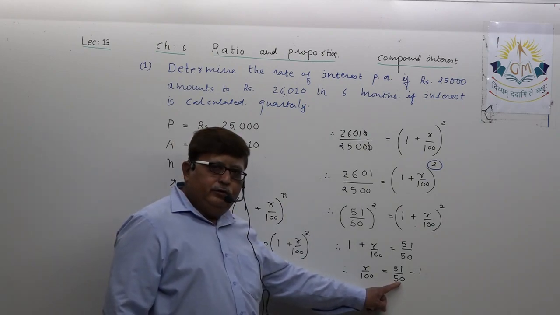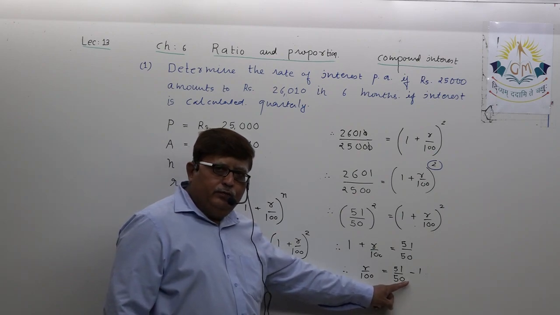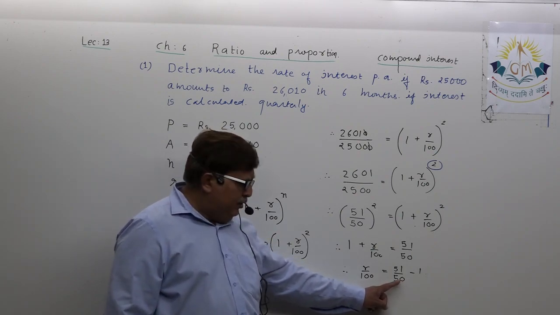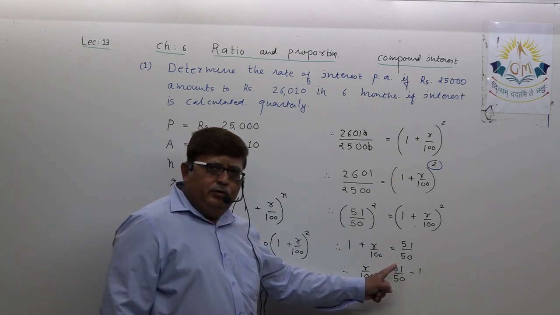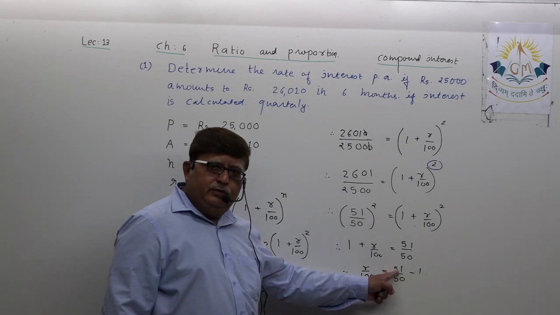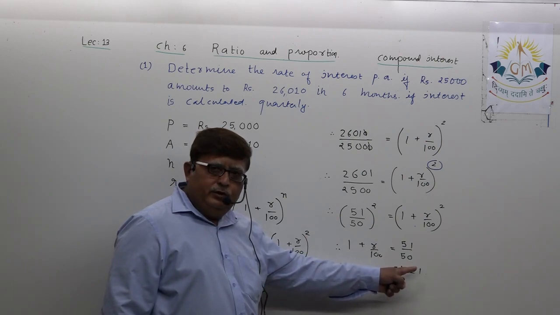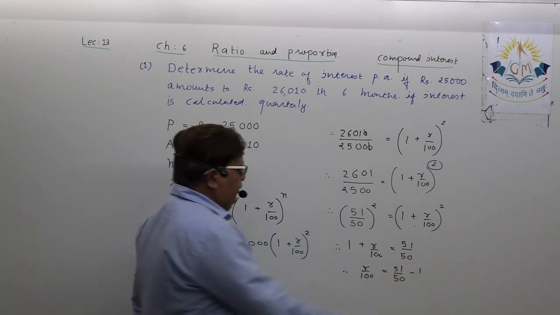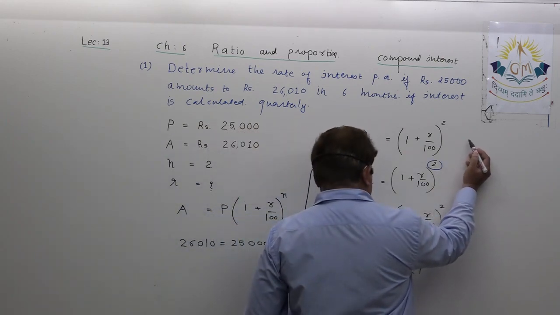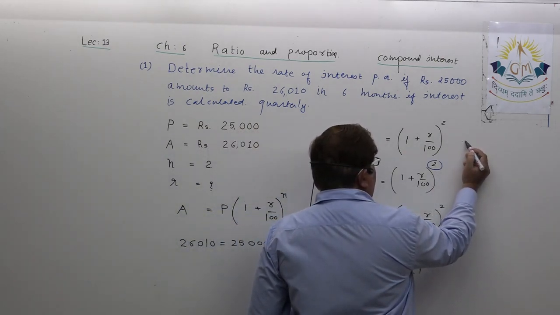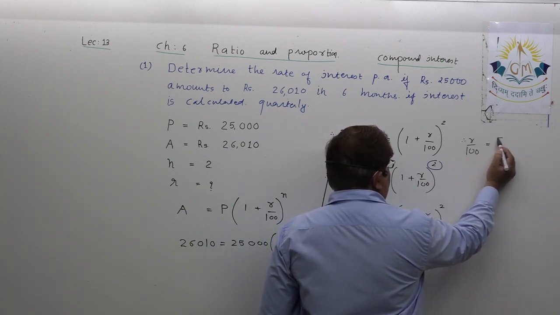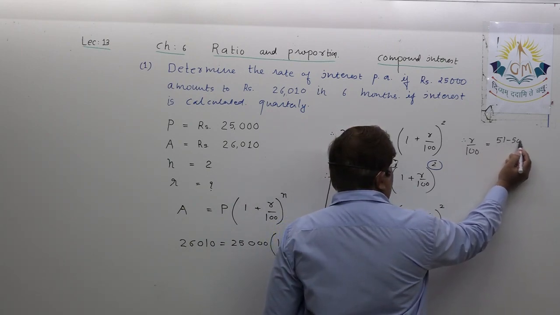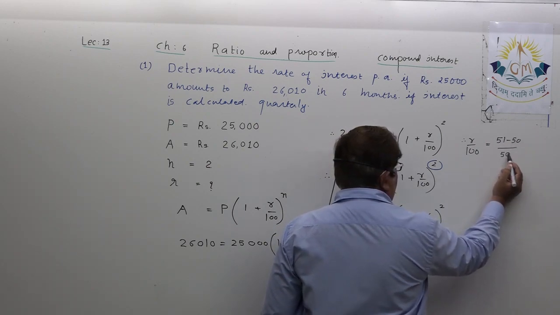Now, dear student, the step of LCM, you all are aware of this. 50 will multiply with 1, so in the numerator, 51 minus 50, upon 50.